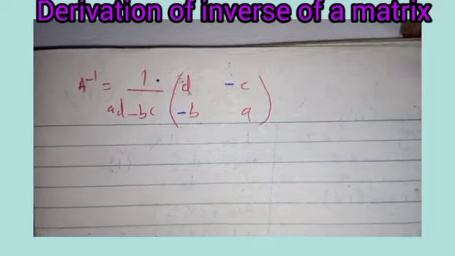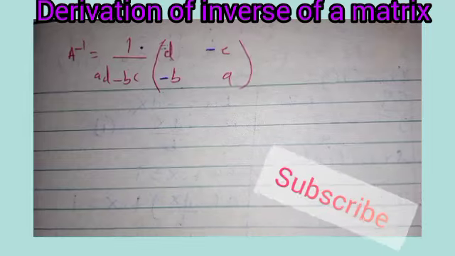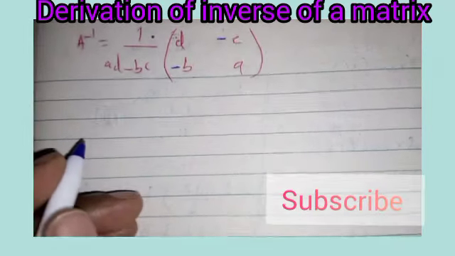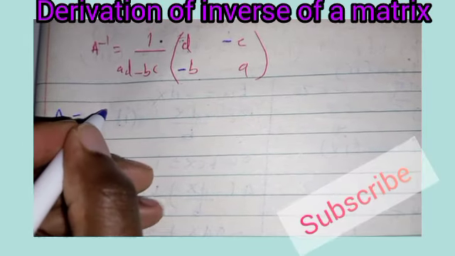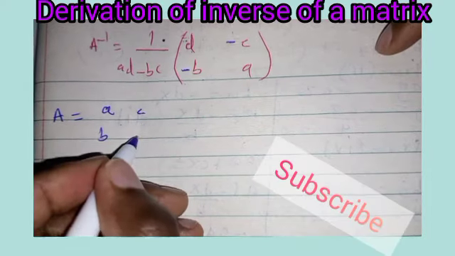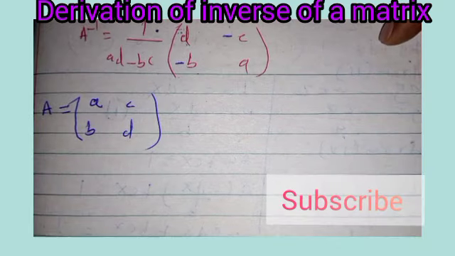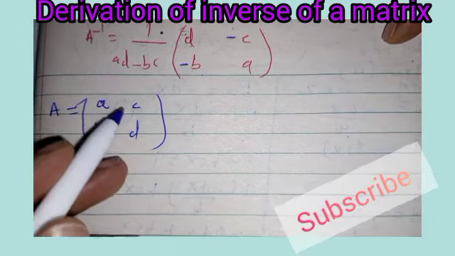So that is how we obtain the inverse of a 2 by 2 matrix. Remember that our matrix A was having the elements a, b, c, d.